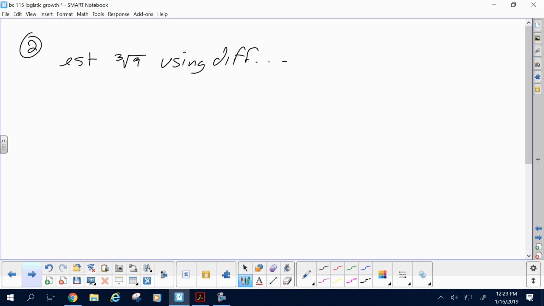Did you just focus on the differential first, or did you do this kind of approach? All right. So you can find the differential first and then play with it, or you can do it all at once. It doesn't matter.